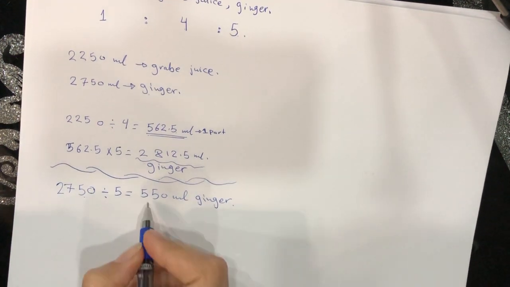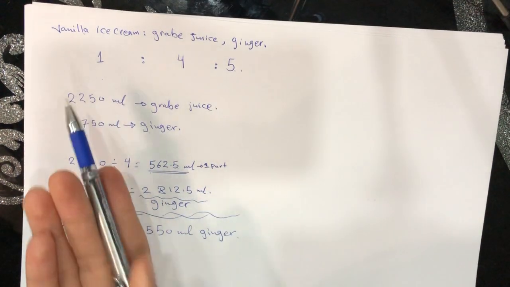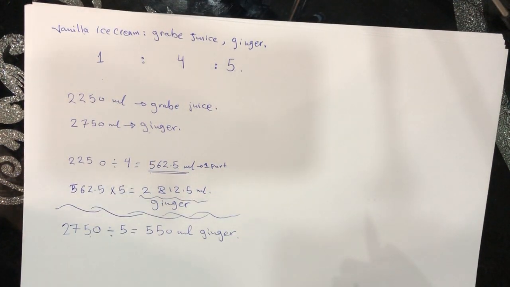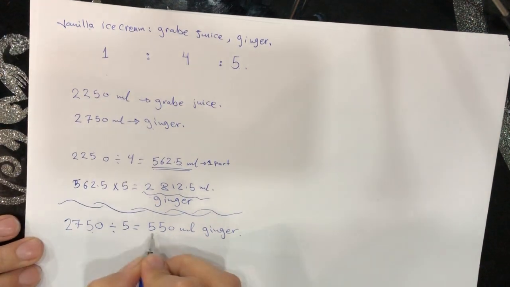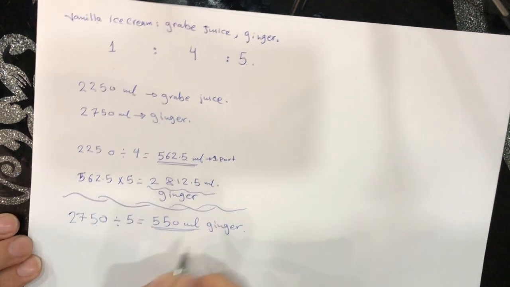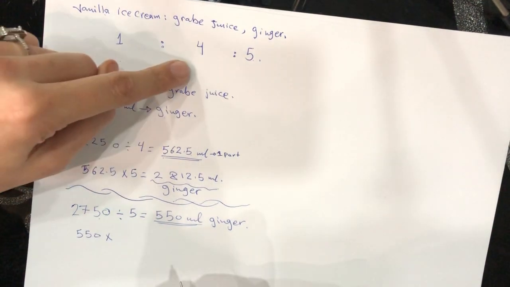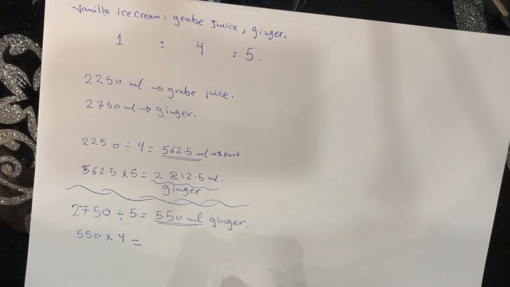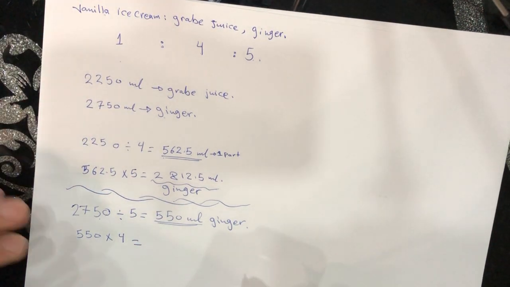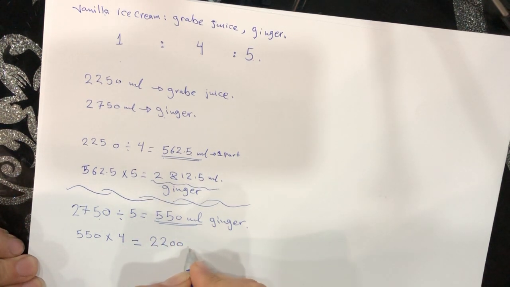Can she use 550 milliliters of ice cream because I only have one as a ratio? Yes, because she has plenty of ice cream. But how much grape juice will she need? If I use this unit, which is 550, and multiply it by the ratio that she has, which is 4, you will get 2,200 milliliters of grape juice.